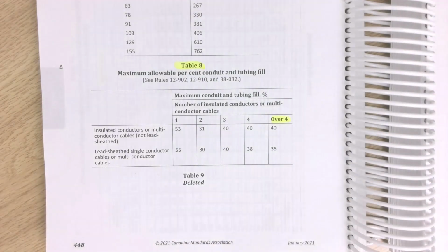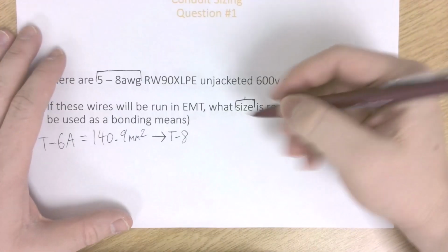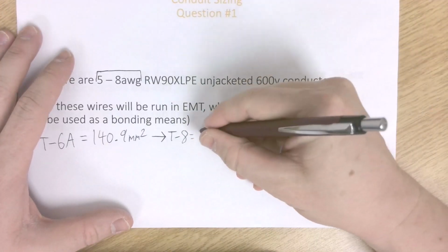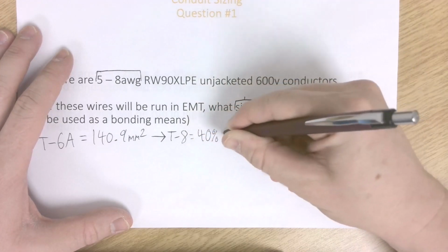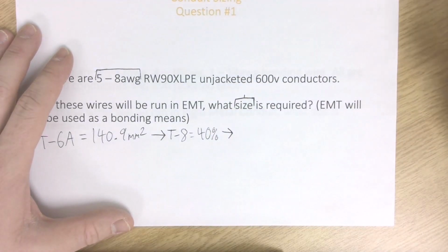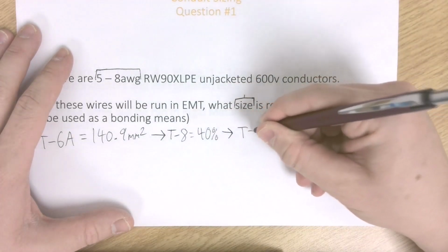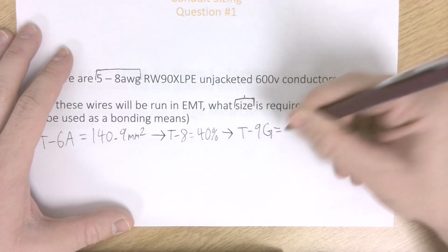So I'm going to go to my question. I'm going to say table 8 equals 40%. And since we already looked at table 9G, I'm going to know that that 40% can take me to table 9G, which is going to give me something.